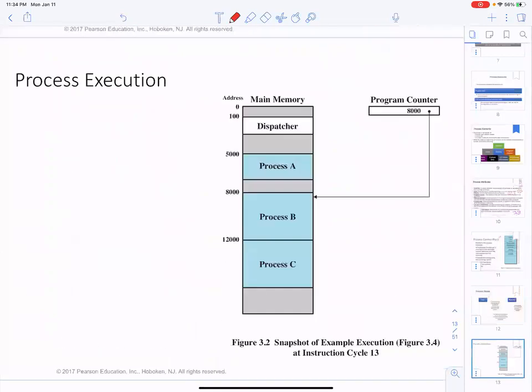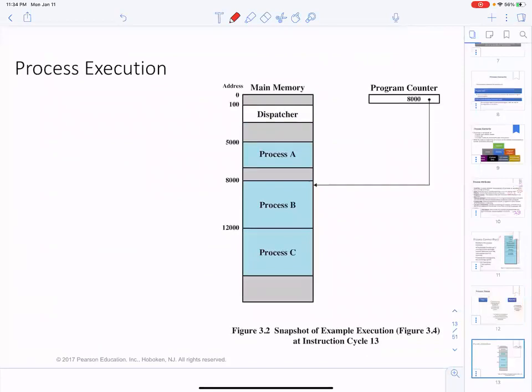Let me give you an example where we could actually see the importance of monitoring the execution of processes by observing the interleaving of their execution and where they are located in the main memory, how the traces will be different, how the processor will switch from one process to another.